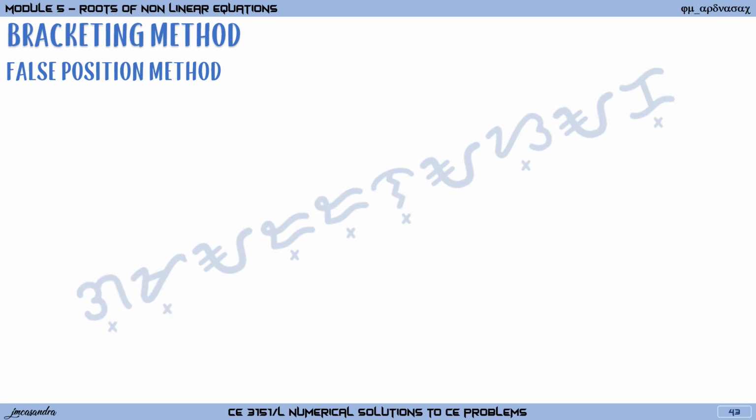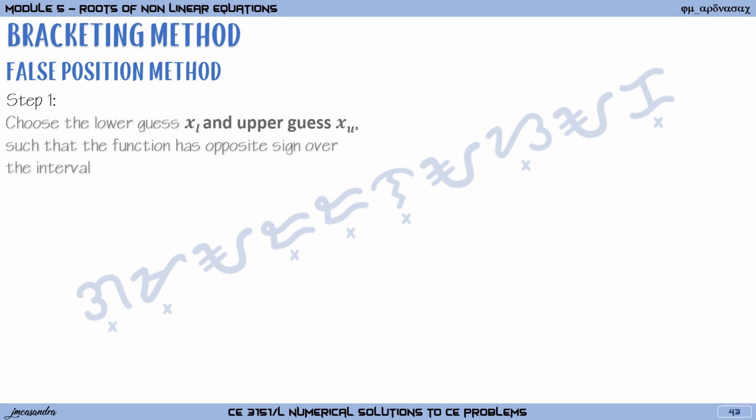The following steps are what we are going to follow in computing for the roots using the false position method. For step 1, we choose our initial guesses for the lower and upper limits of the brackets such that the function will have opposite signs over the interval.